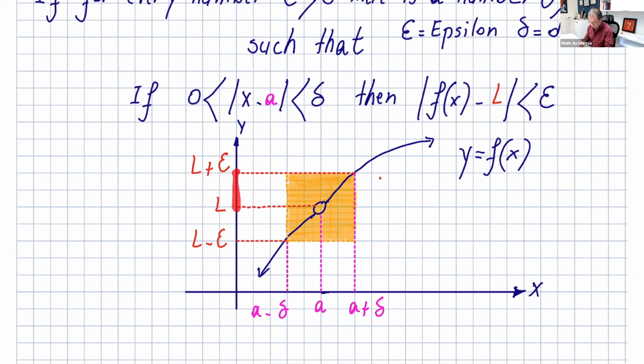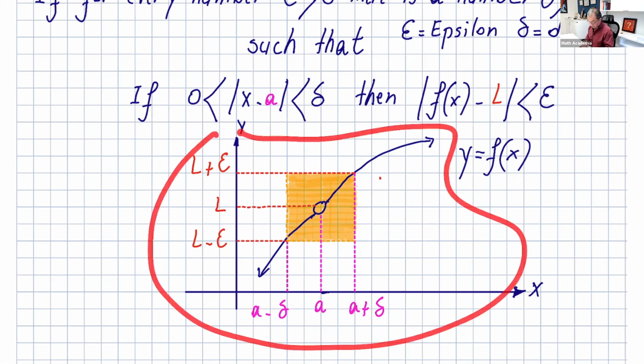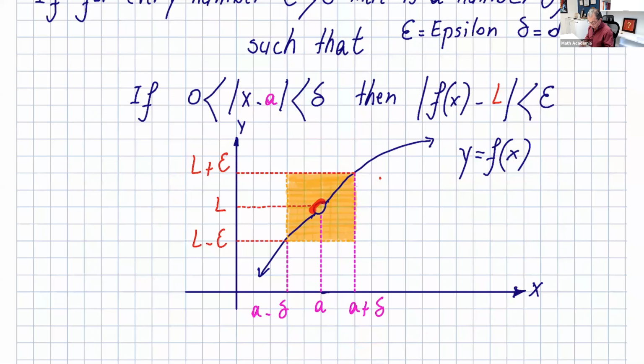Basically this is the graph, and if that happens, then you know the limit exists. When we are very close to a, then we're going to be very close to L from the left or the right side.